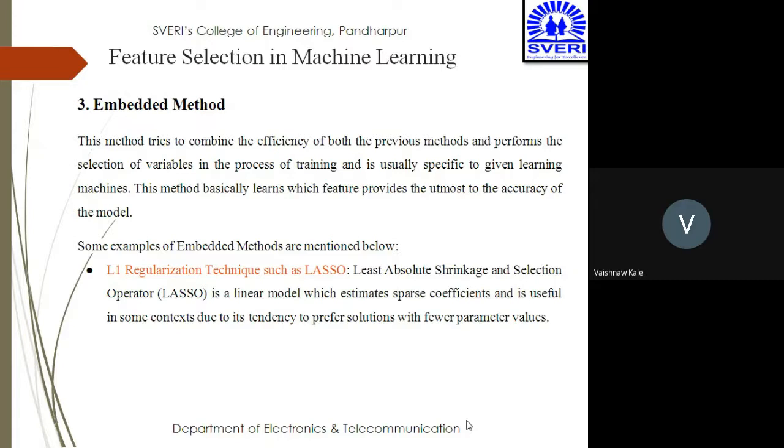Some of the examples of the embedded methods are mentioned below. First one is an L1 regularization technique such as lasso. It stands for least absolute shrinkage and selection operator. That is a linear model which estimates sparse coefficients and is useful in some contexts due to its tendency to prefer solutions with fewer parameter values. That is called the lasso.